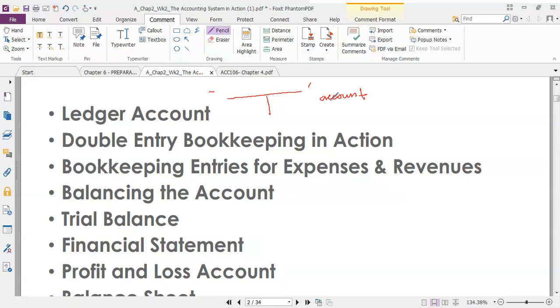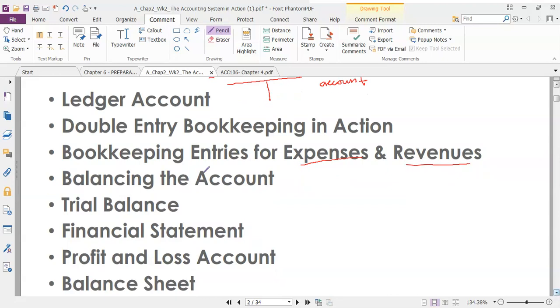Okay. So after that we must know the double entry bookkeeping to put inside the ledger account itself. And then we must understand the bookkeeping entries, what is the debit or credit for expenses and revenue, right?